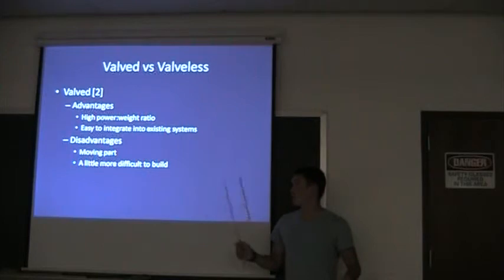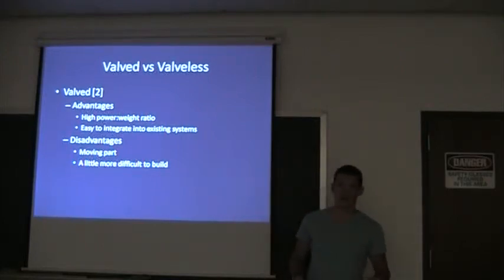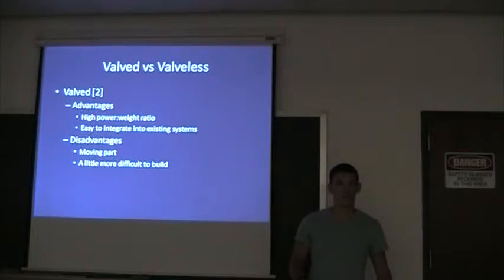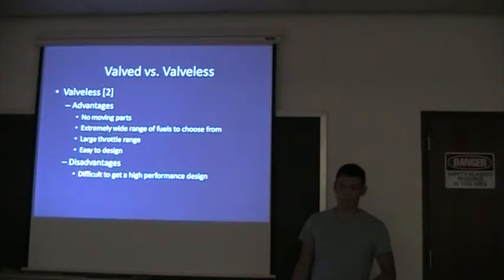And that's one of the reasons why it gets the higher power weight ratios. You're not losing the thrust out of the intake as compared to the valveless. Another disadvantage, because you need the valve, it's a little bit more difficult to actually manufacture, but it is what a lot of people end up using.